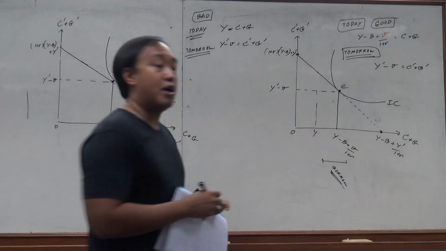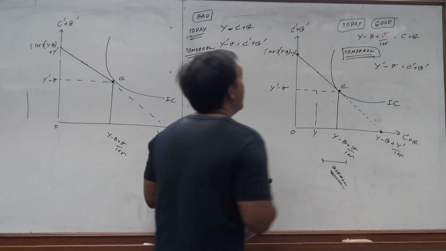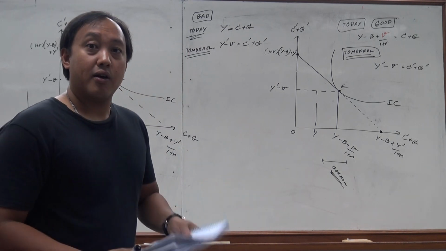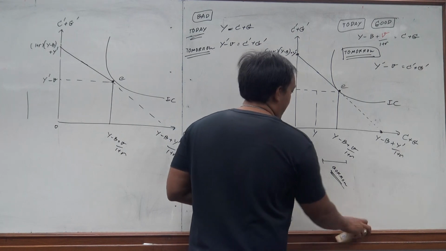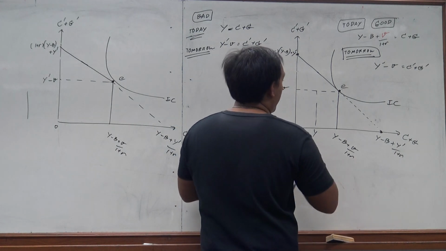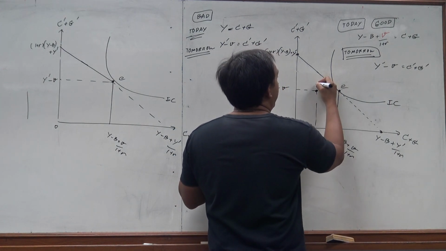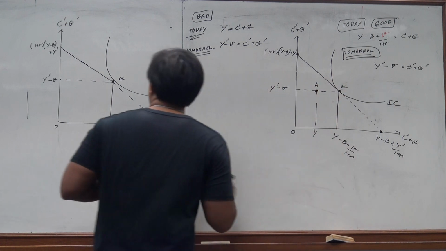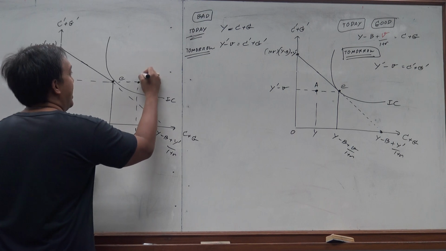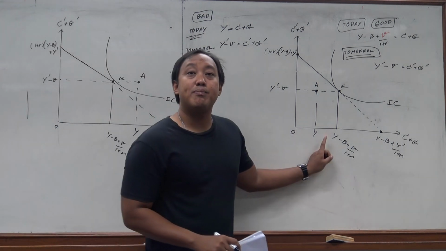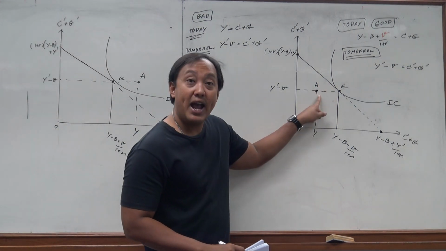Let me delete the endowment out. Okay, sorry. Here, so see this one. If you are a good borrower, you compare between point E and point A. If you are a bad borrower, you're going to compare between point E and point A. Look at this one again, point E and point A.